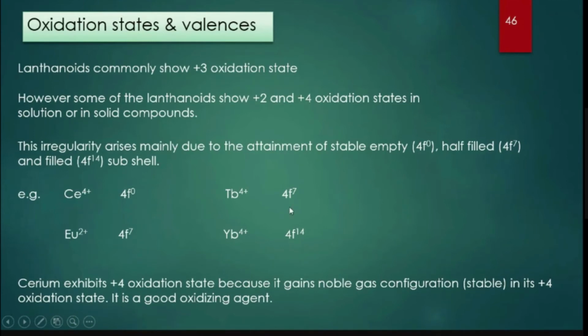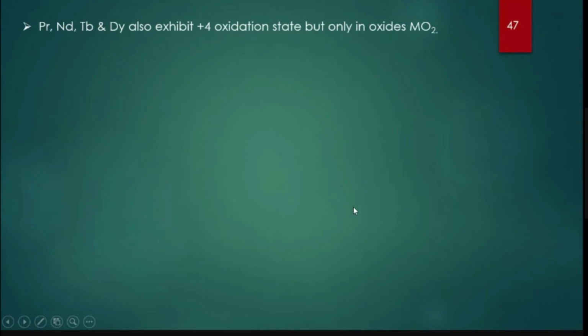That is why it is very stable, and it is known to be a very good oxidizing agent. Cerium +4 and terbium +4 are very good oxidizing agents, whereas europium +2 and ytterbium +2 are considered very good reducing agents.